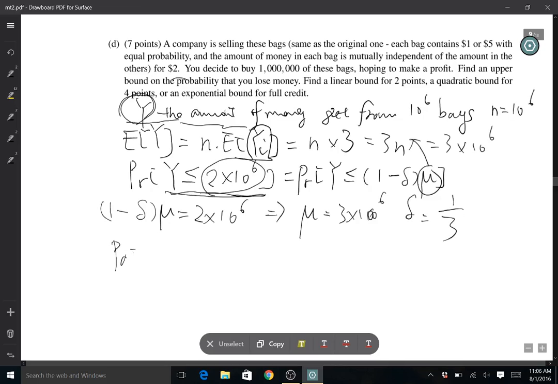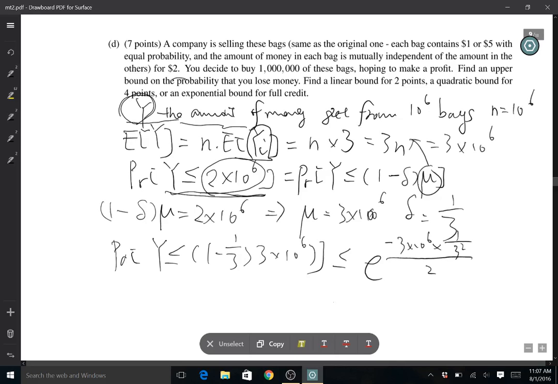So now we can plug in the Chernoff bound. 1 minus a third times 3 times 10 to the power of 6 is bounded by e to the negative 3 times 10 to the power of 6 times 1 over 3 squared over 2. So this will give us e to the power of negative 10 to the power of 6 over 6. So this is the bound we get.